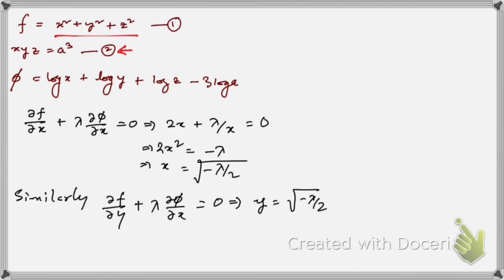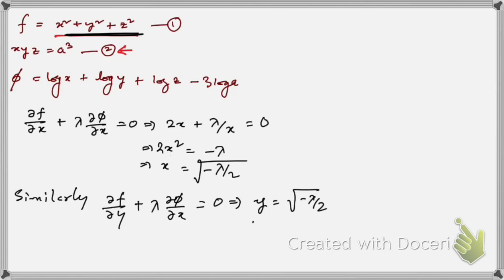You can check yourself. If you differentiate this with respect to y, you will get 1 by y and the remaining terms will be 0. Then differentiating partially with respect to y, you will get twice y. After simplification you will get the value of y, right?